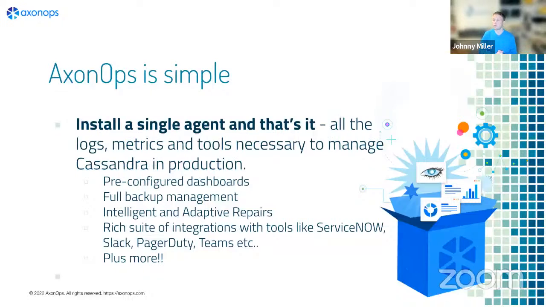And we integrate with all of the tools we need to alert, enact or raise incidents. AxonOps will integrate with ServiceNow, Slack, PagerDuty, Teams, generic webhook, email, whatever you like. So it's very simple to use, and it should be able to configure and interact with whatever tools you want to use to manage your operations in general.